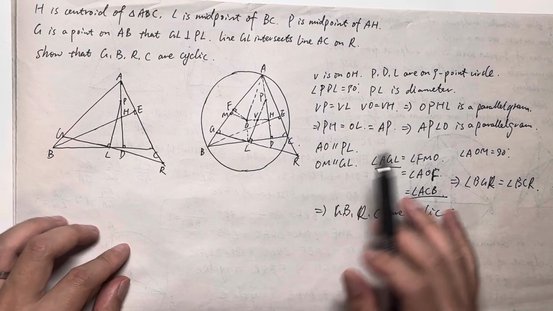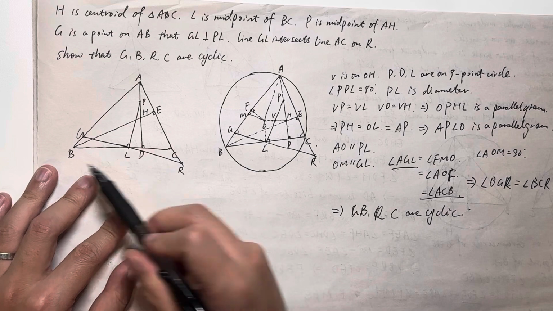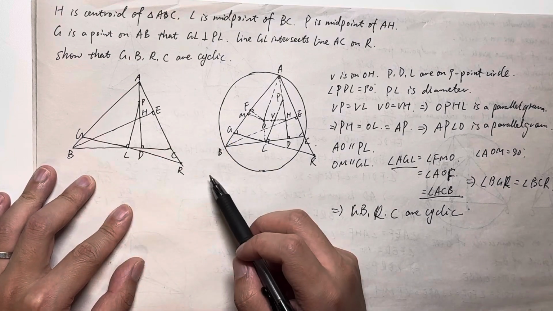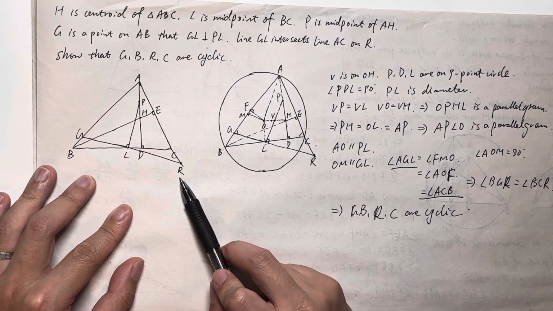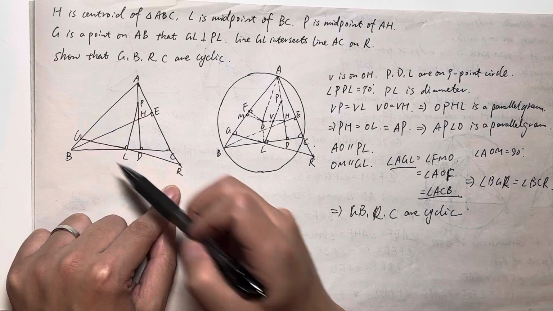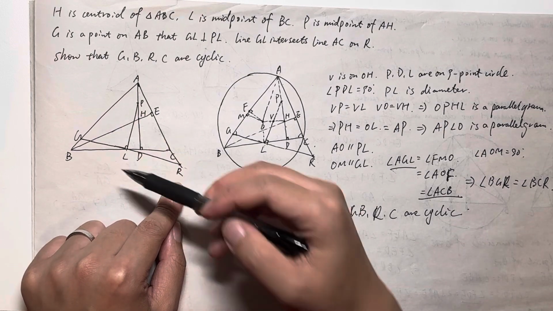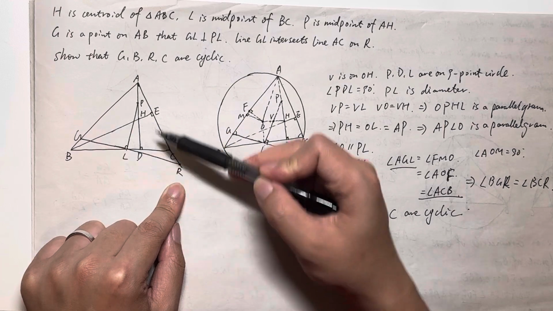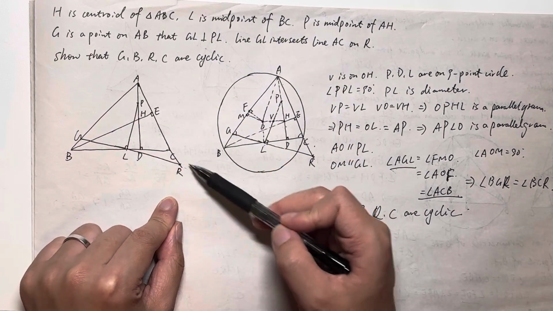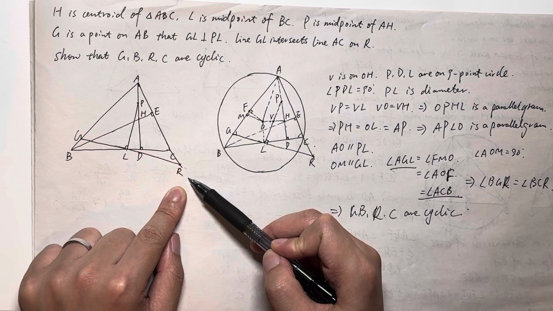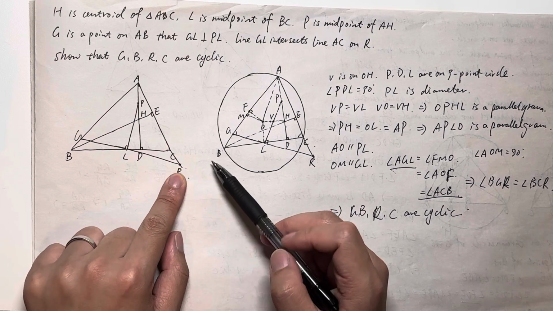Let me explain a little bit. For example, in this problem, we get R in the last step, because we find G and GL intersects AC at R. So we remove it first.